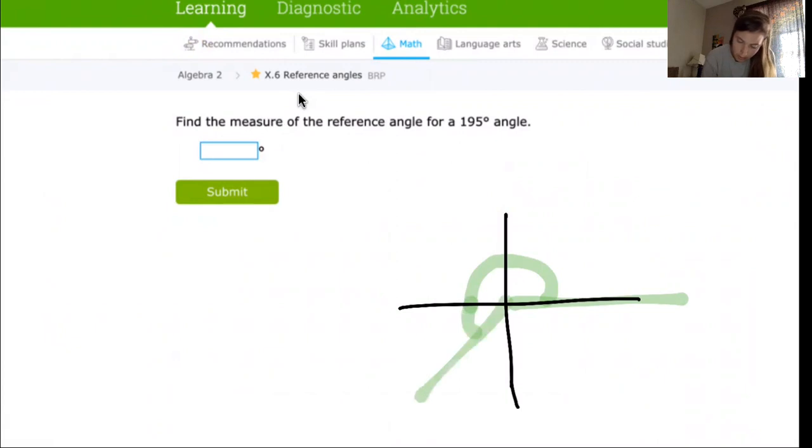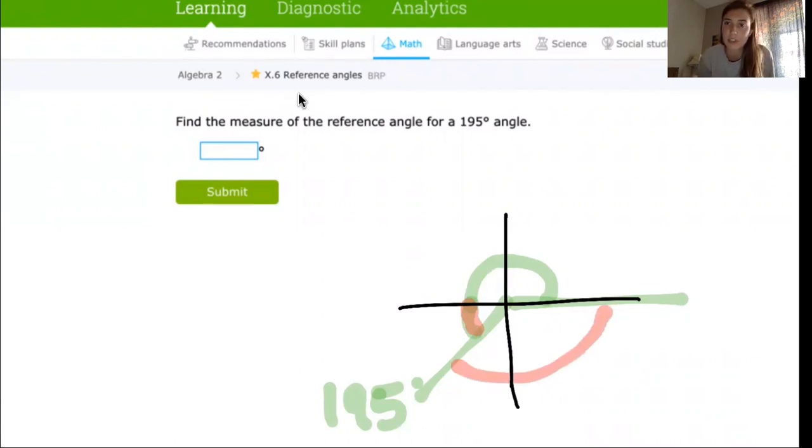Let's call this 195 degrees. Now, what's the shortest way for me to get back to the x-axis? Let me show you in red. It's going to be this little guy. The alternative would be this whole thing, but obviously that's way more than the first one I showed you. So the fastest way to get back to the x-axis is that little red line.